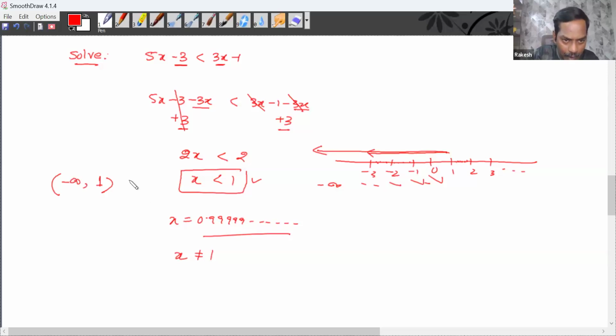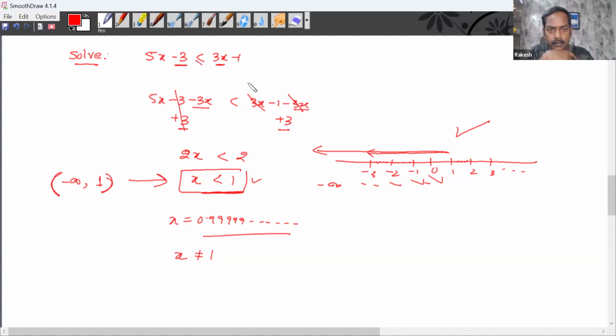This is a representation of any number which lies between minus infinity and 1, excluding minus infinity and 1, because infinity we can't catch. We can never say that x is equal to minus infinity; it tends to infinity, that's the term we use. Fair enough. So graphically this signifies this, and we can also write it like this.